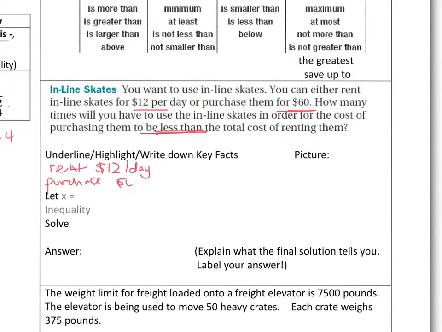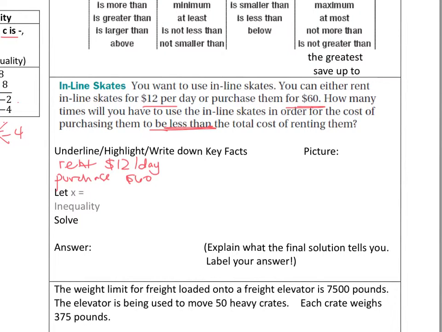And in this last question here, it asks you how many times will you have to use the inline skates in order for the cost of purchasing them. So I can say 60 is to be less than the total cost of renting them.